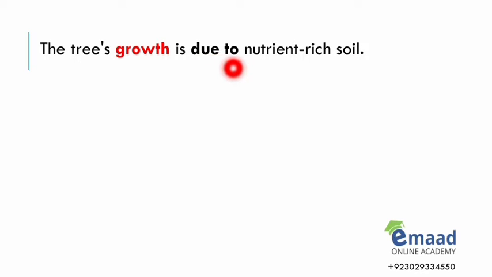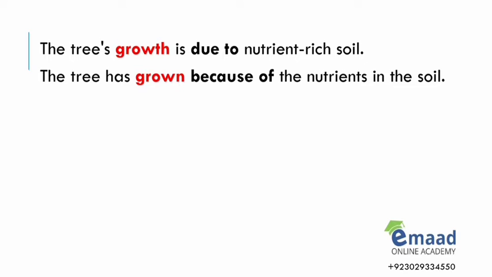The reason of the tree's growth is nutrient rich soil. This is the reason why a tree is growing. But here due to modifies a noun, that is growth. Now we can reconstruct this sentence, reorganize this sentence with the use of because of. But in that case we need a verb to be modified and not a noun.